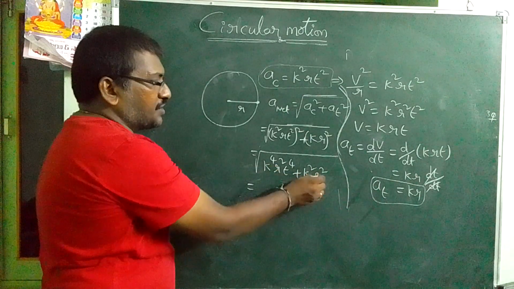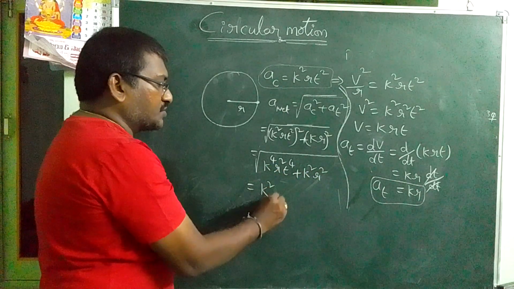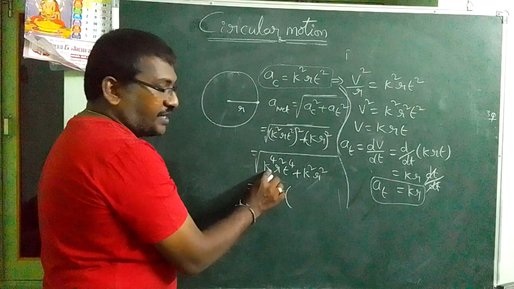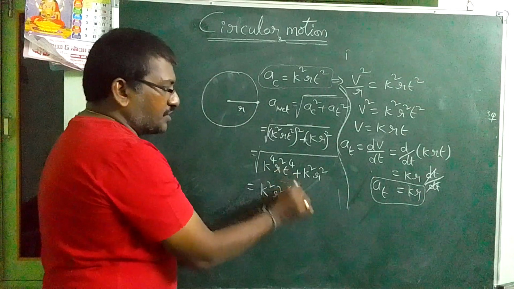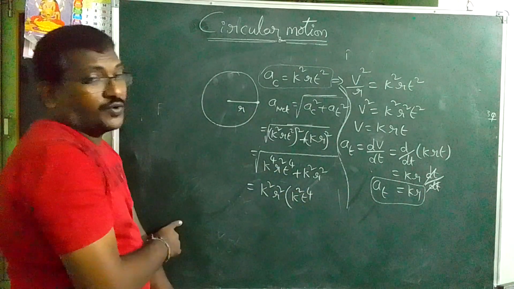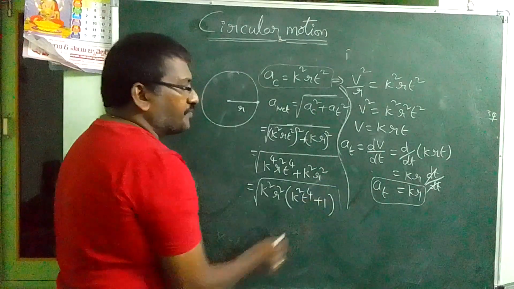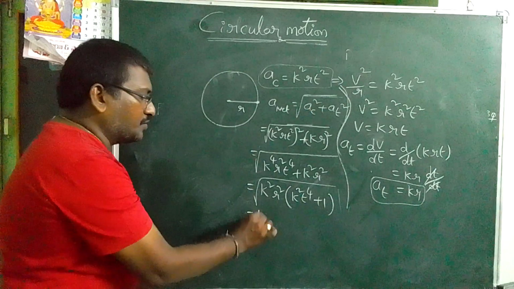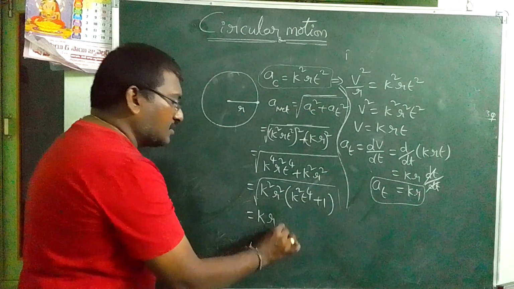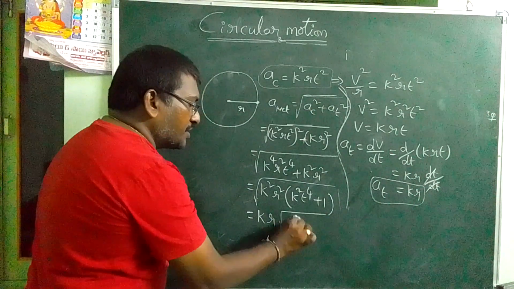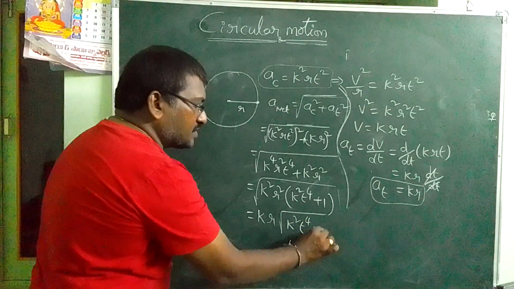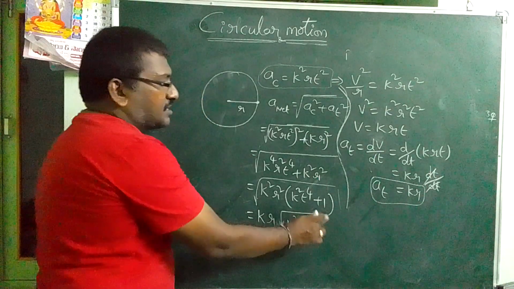So from this, k square r square take out. From here, k square t power 4 plus 1 is there under the root. You get k r root k square t power 4 plus 1. So that is the answer, Nana.